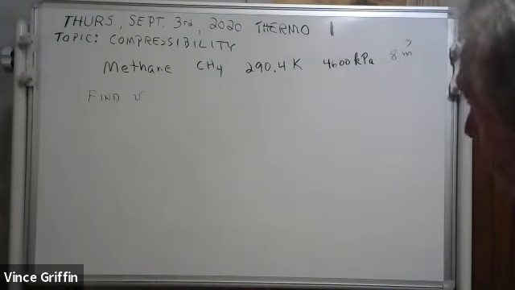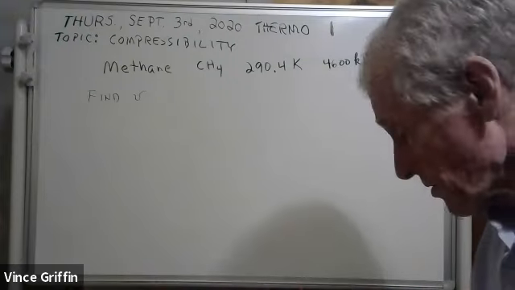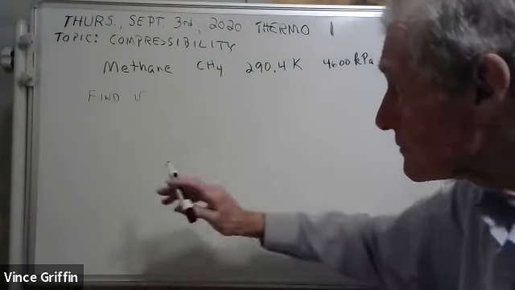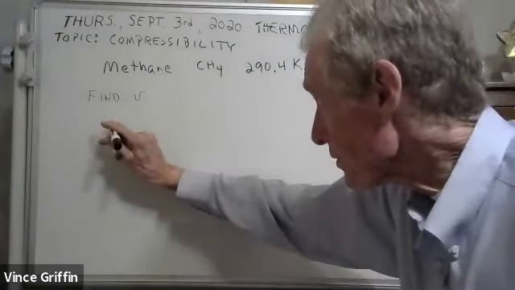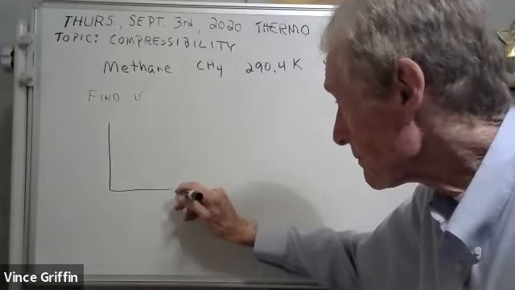Now, how do you go about doing that? Well, I guess you could draw your PV diagram to see where you are. Let's do that. I like to know where I'm at.